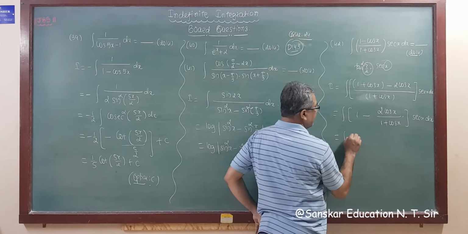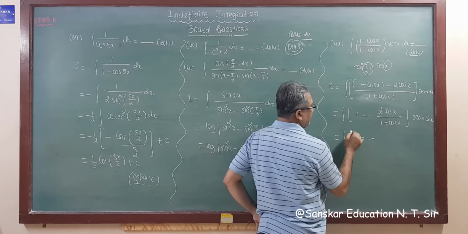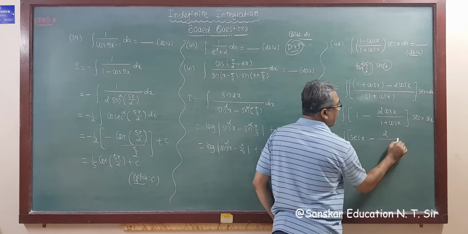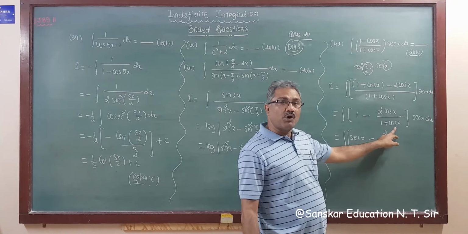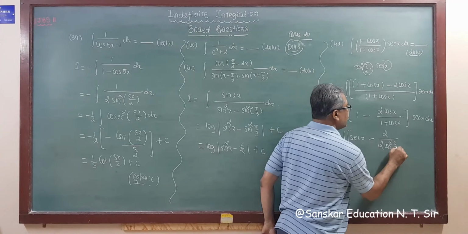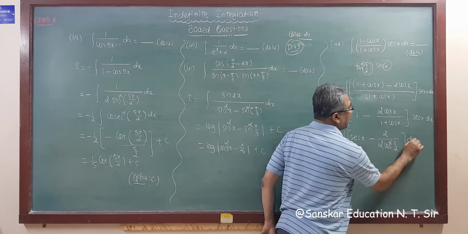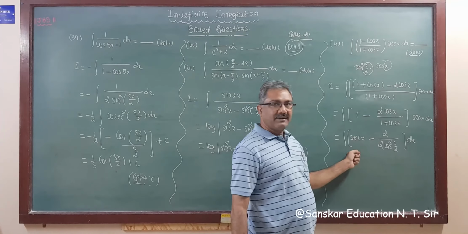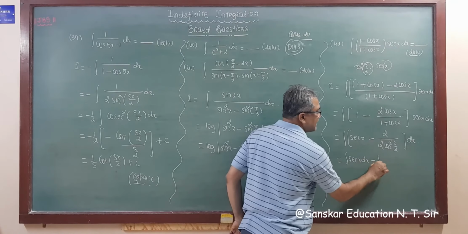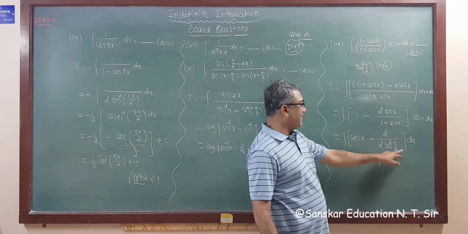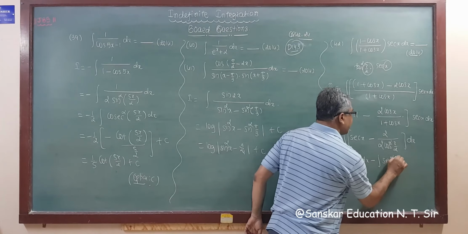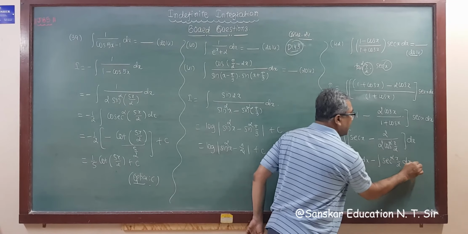Integration of sec x minus 2 cos x into sec x, which is 1, so this is 2 upon 1 plus cos x, which is 2 cos square x by 2, and dx. So bifurcating this, what do we get? Integration sec x dx minus integration, the 2 will cut, and this is 1 upon cos square, that is sec square x by 2, and dx.